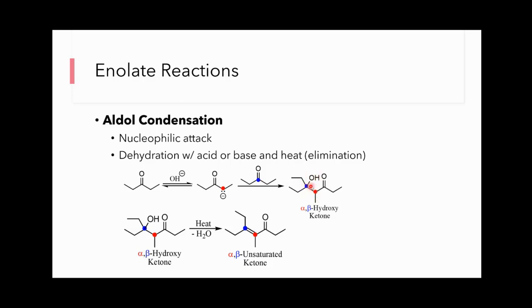You'll end up with an alcohol, which you can remove by dehydration, which is the second step, by adding heat or acid or a base. Typically you just heat it up, and it will do an elimination reaction.